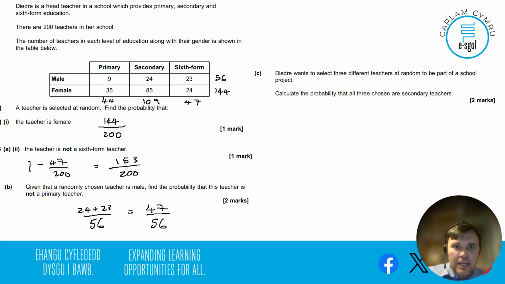And then the last question: Deirdre wants to select 3 different teachers at random to be part of a school project. Calculate the probability all 3 chosen are secondary school teachers. So secondary is 109. So it would be 109 over 200 times 108 over 199, because it's not going to be replaced.